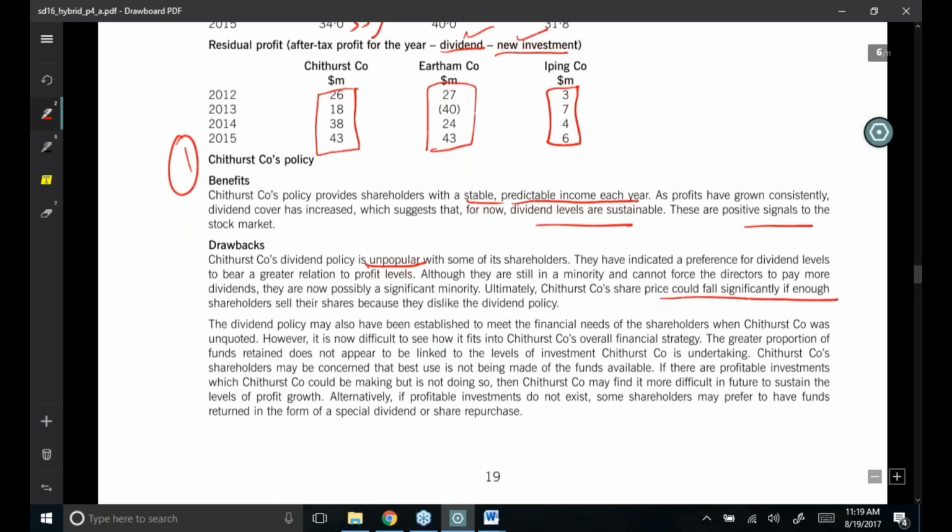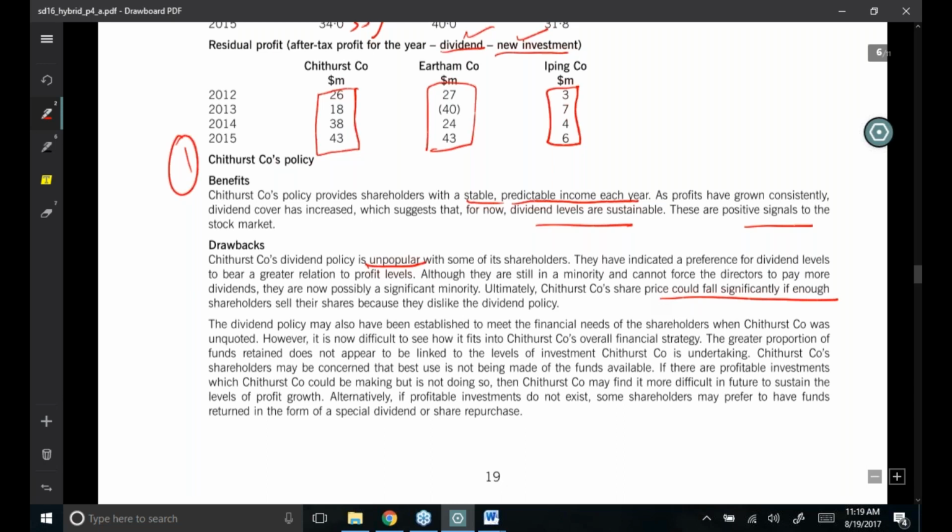Obviously, if shareholders are not satisfied with your policy, they will sell their shares and invest in other companies. The dividend policy may also have been established to meet the financial needs of the shareholders when the company was unquoted. However, it is now difficult to see how it fits into the company's overall financial strategy. The greater proportion of the funds retained does not appear to be linked to the level of investment.